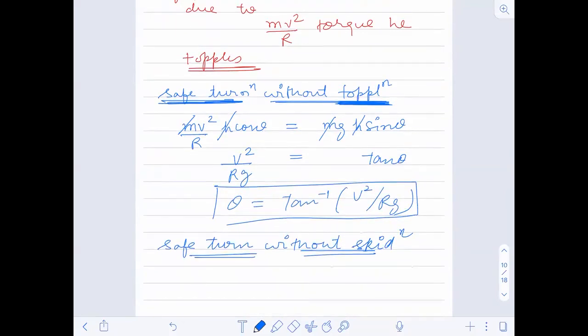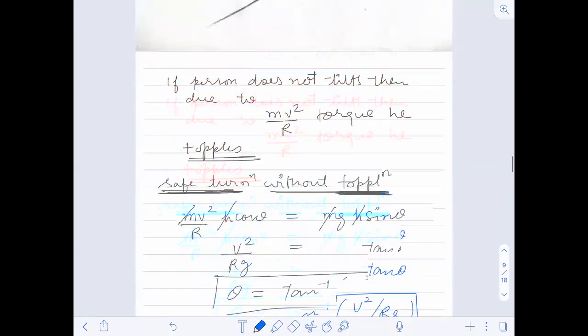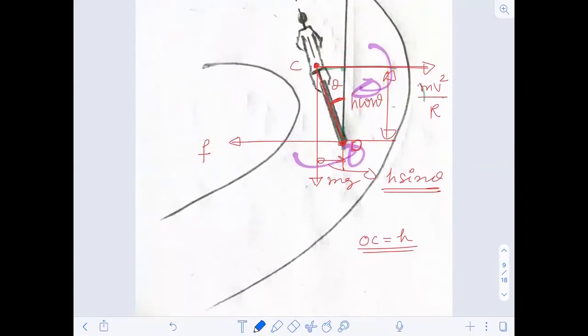Just tell me from this figure what should be the case. Which two forces must be balanced for the safe turning? Friction and mv square by r.